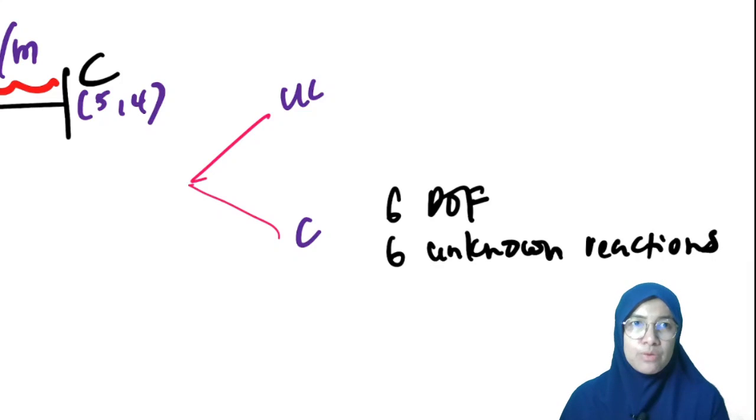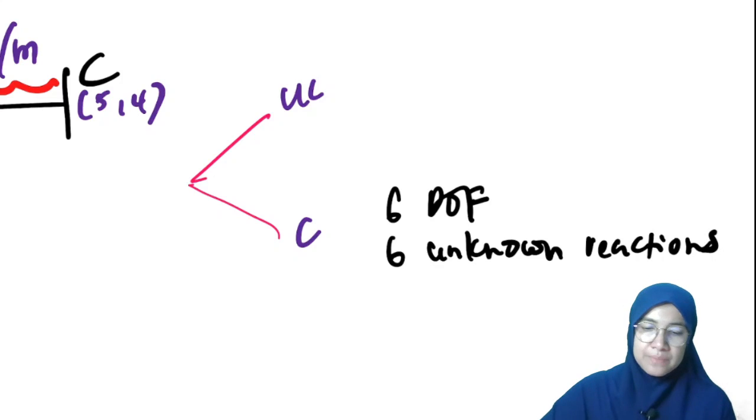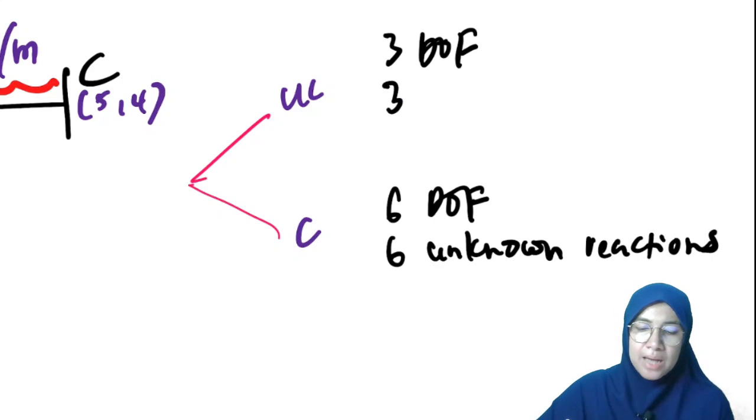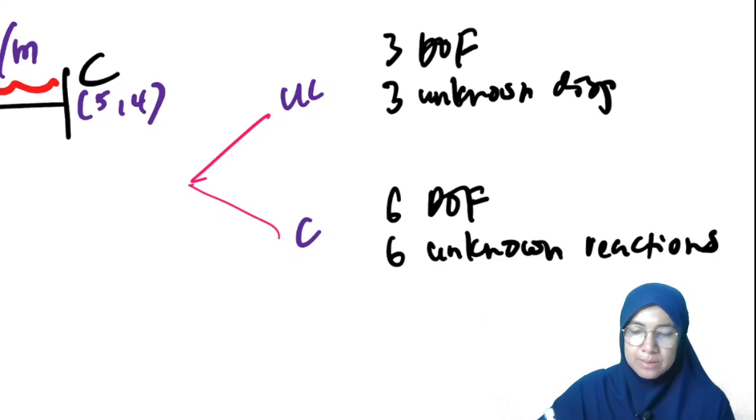These 3 degrees of freedom represent 3 unknown displacements.